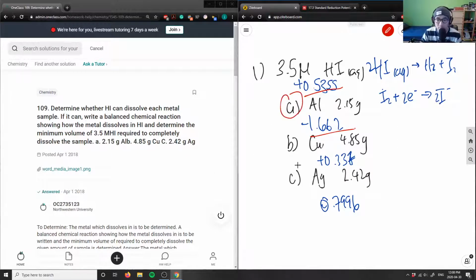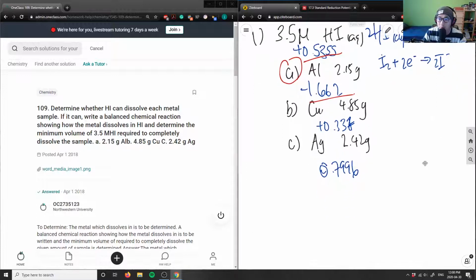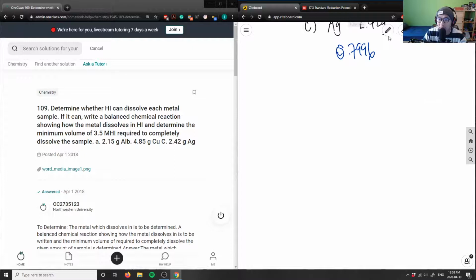So I know it's aluminum, and it says I have to write out the balanced chemical equation. So let me just do that real quick. If I know it's aluminum, then I have hydroiodic acid plus aluminum.